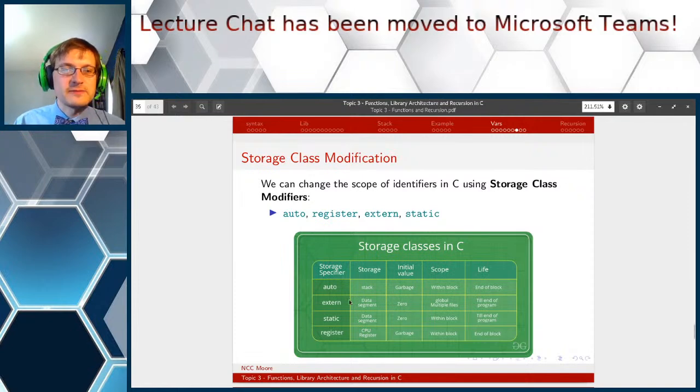The scope of an external variable can be multiple files, multiple programs. It's in a more global context.